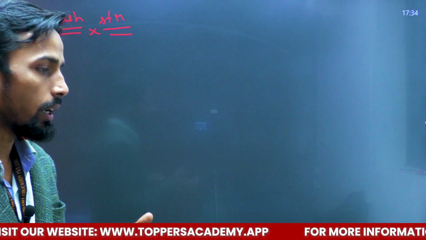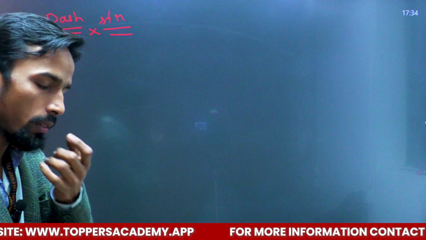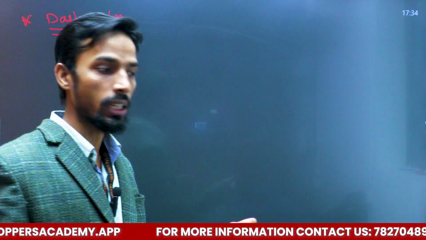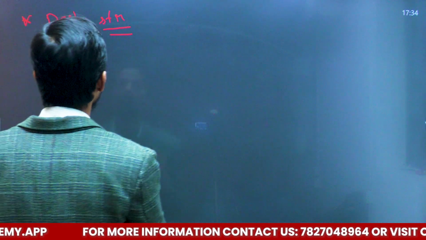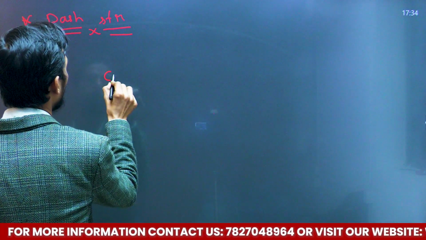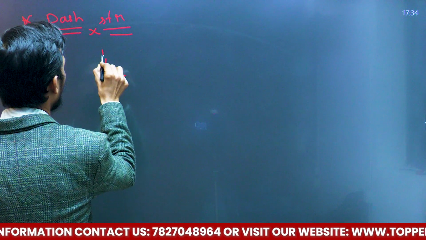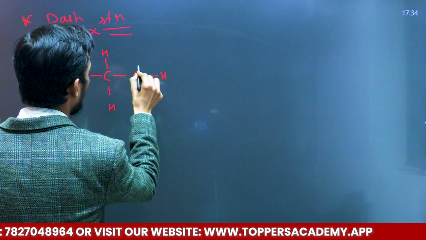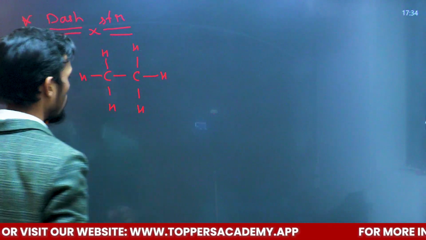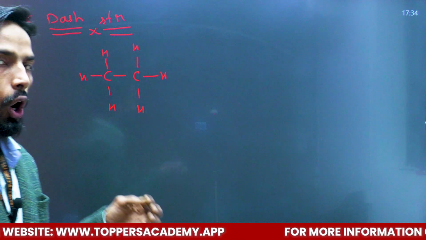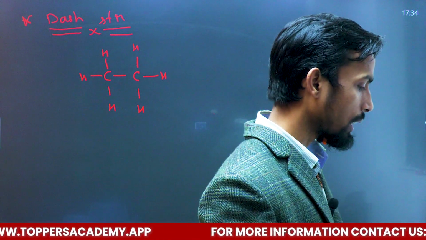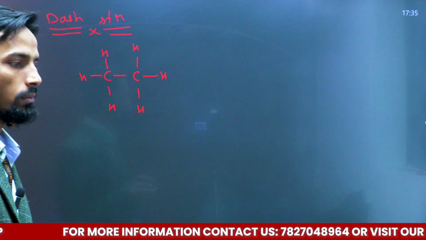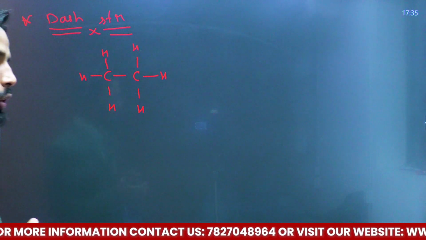The electron representation which we are seeing over here, the dot and star, can now be represented by a single line, a dash.